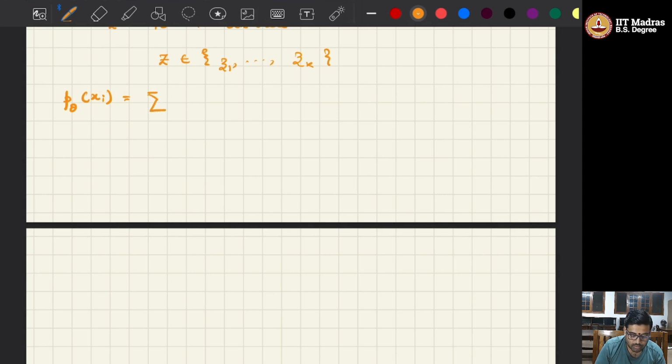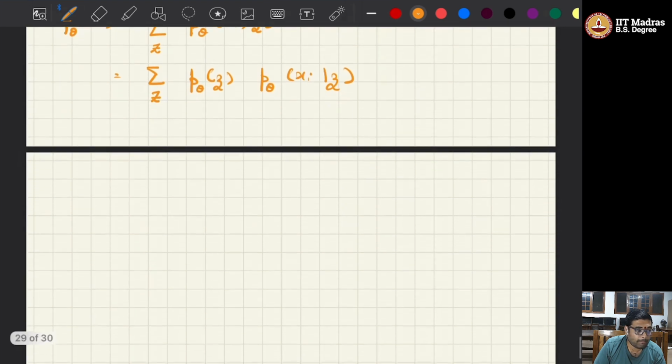Now how do you get it? It's summing up over z of p theta of xi and z, which is nothing but p theta of z times p theta of xi given z.